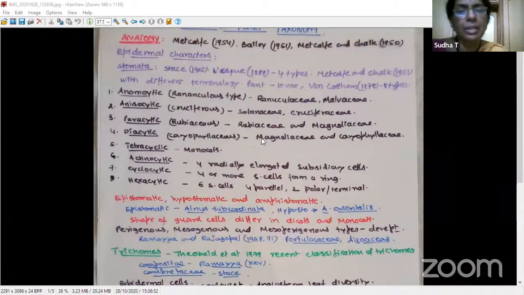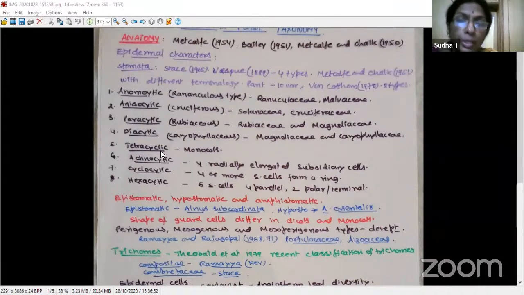So this is how plants with a larger number of a particular type of stomata can be identified based on the type of stomata as well. These are the four types we usually observe in dicot members, and similarly there are different kinds suggested in monocots.